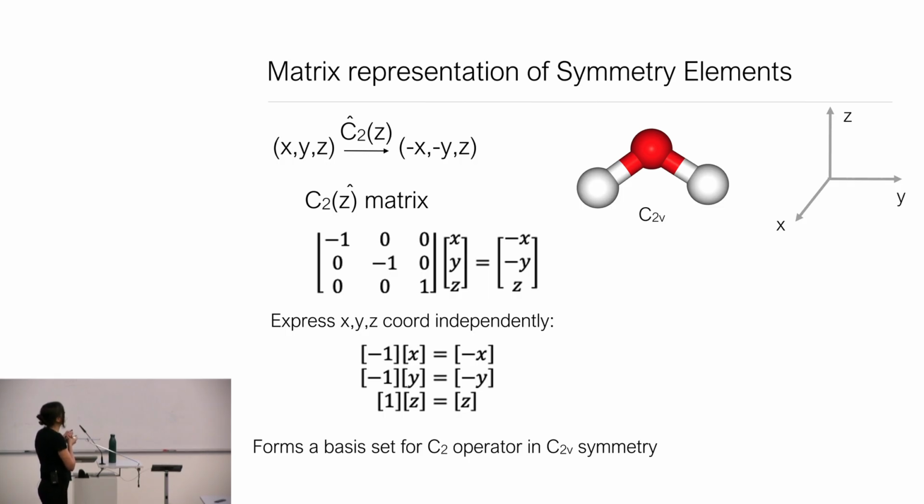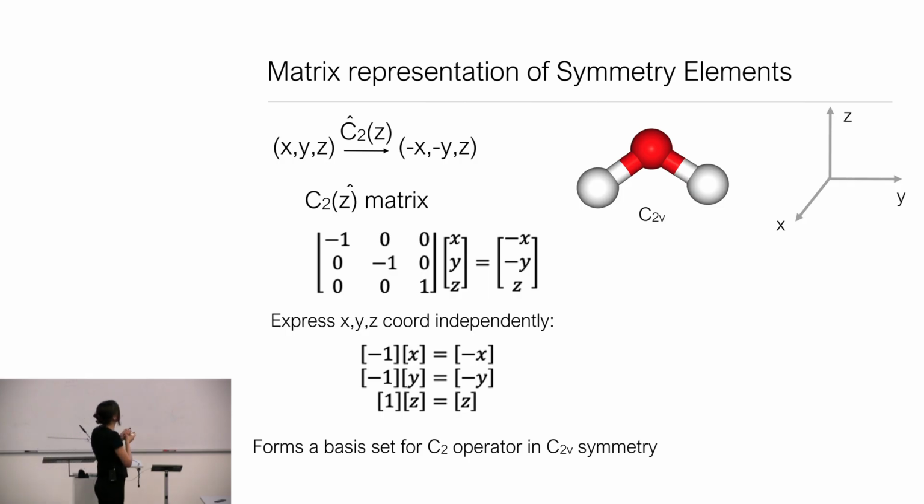So for instance, and we already showed this at the very beginning, although we did it a bit more intuitively, if I have a C2 along Z, what I see is that Z goes into itself, but because I rotate 180 degrees, X goes into minus itself and Y goes into minus itself.